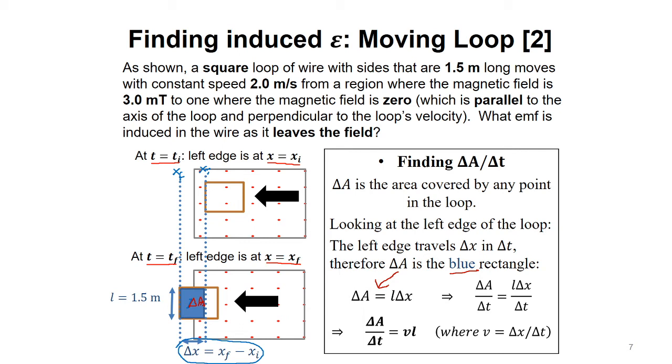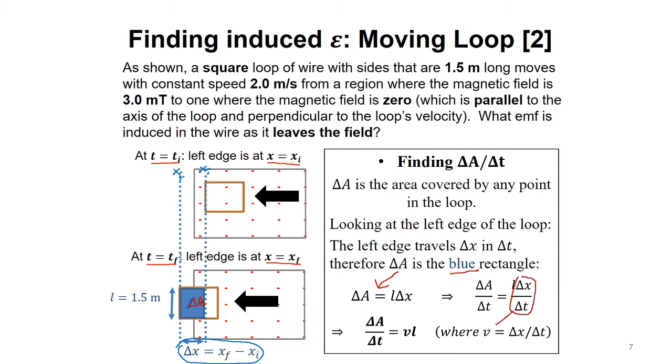So delta A equals L times delta x. We can see that in the picture. Delta A is the blue rectangle, the shaded region, multiplied by delta x by L, the two sides of the rectangle. And then you divide by delta t on both sides. You have delta A over delta t on the left side, and L delta x divided by delta t on the right side.